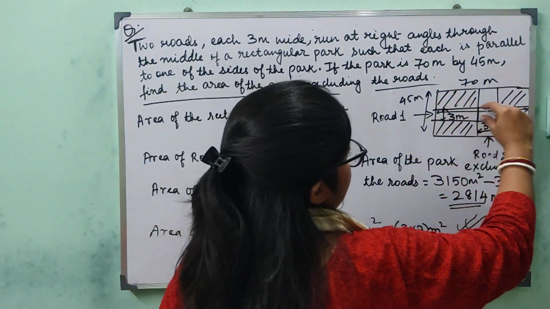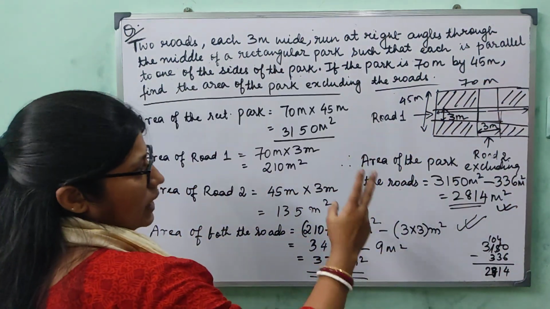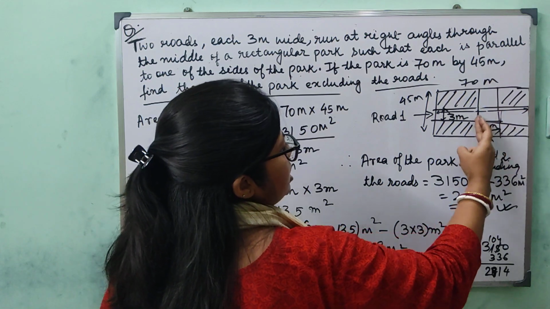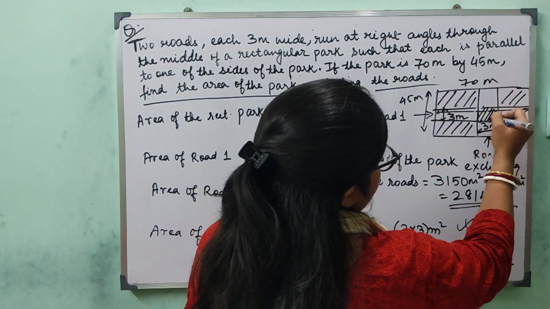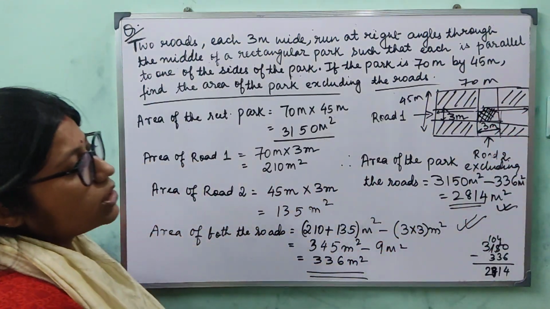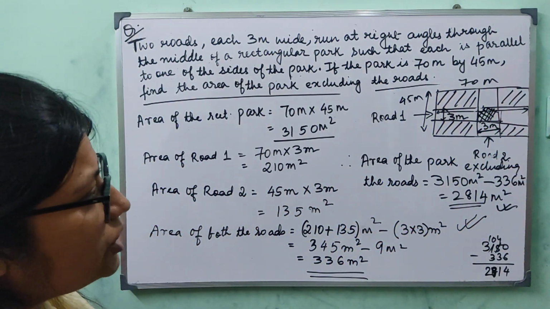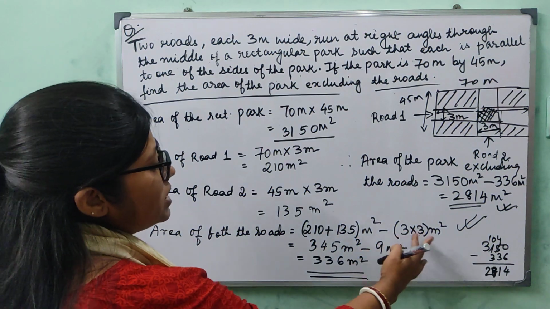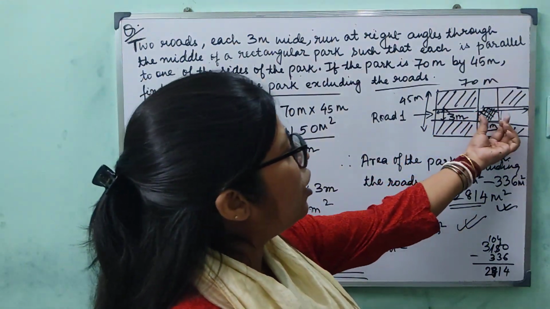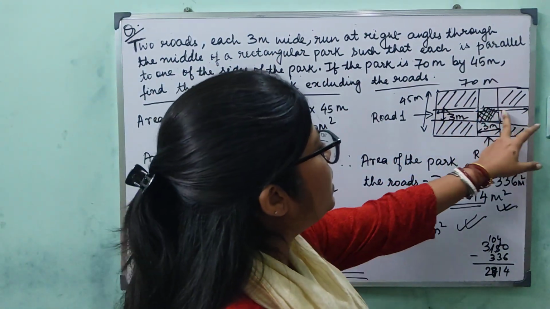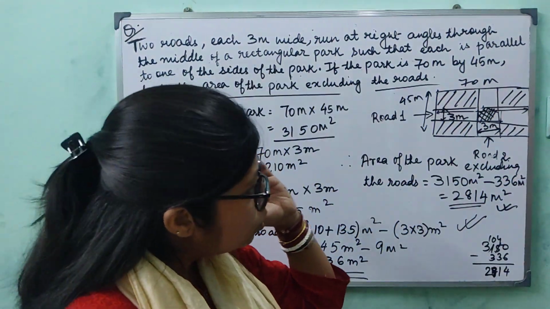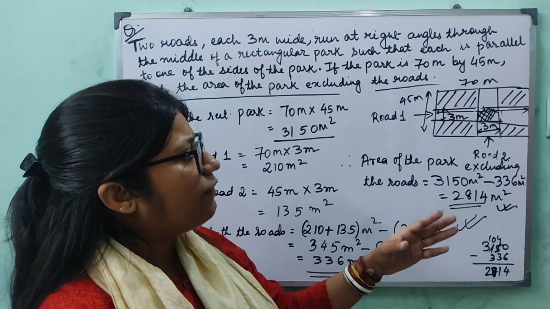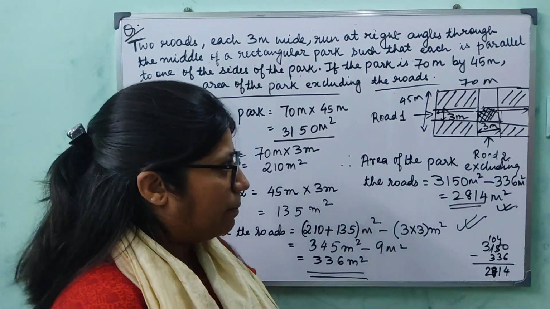Now when I want to find the sum of the two roads, you are seeing that this portion, let me mark this portion for you, this portion was covered twice. We will use this logic: I will remove the area of this portion once from the sum of the two roads, so that I get the area of the two roads devoid of any overlapping part.